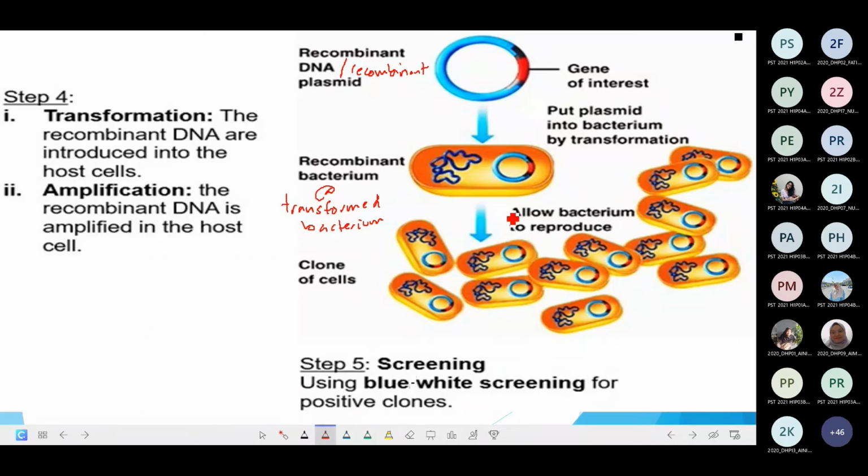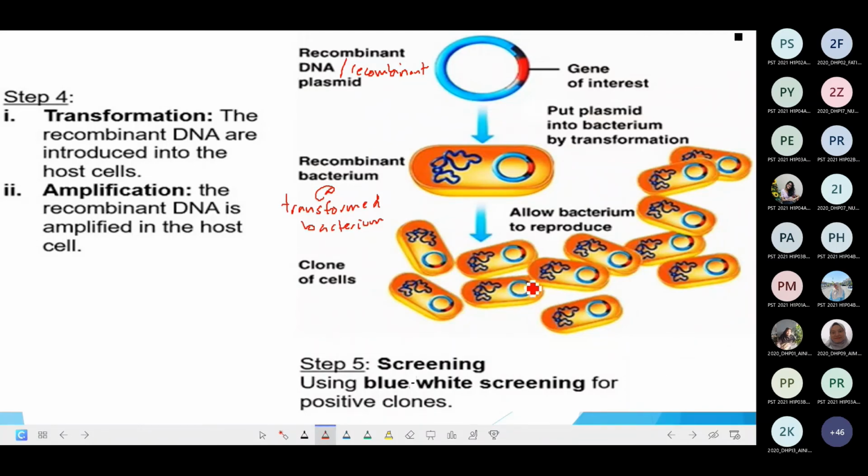Okay, so you can see from one bacterium, this will produce many other bacteria, and at the same time, the gene of interest, this red colored thing, will also be made into many copies.